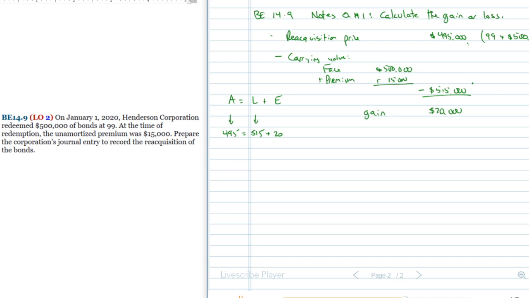My equity has to go up by 20, so I have to have a gain, right? So that's the way that works. So that's notes question number 1, you calculate the gain. Now that we've got the gain, let's do notes question number 2.